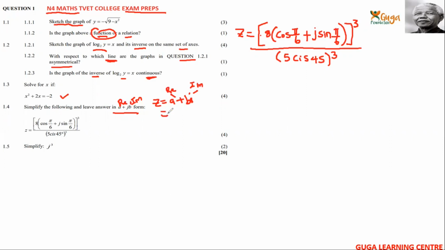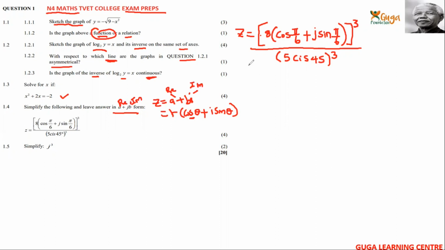Or it can be given by r, the radius, cos of theta, plus i sine of theta, right? This is what is given here.